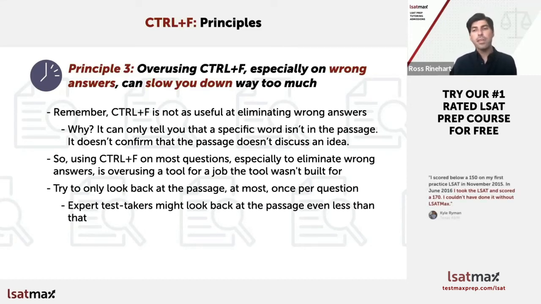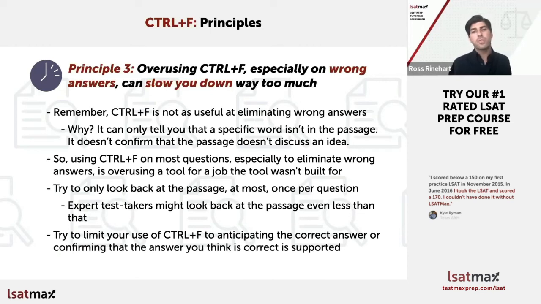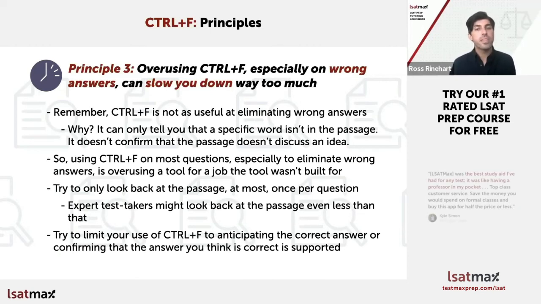So instead, try to limit your use of Ctrl+F to anticipating what the correct answer will say, or confirming that the answer choice you think is in fact supported by the passage. After looking at all of these passages, I found that this was the most productive use for Ctrl+F by far. So try to limit your use of Ctrl+F to that.